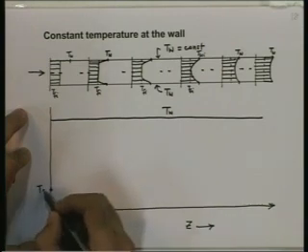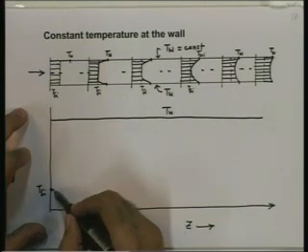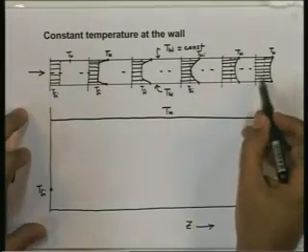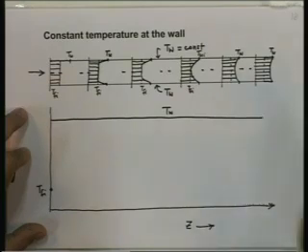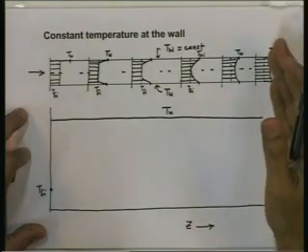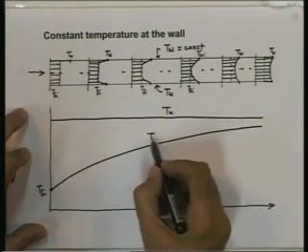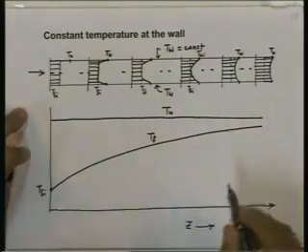So this is Tfi. And as fluid gets heated up, the mean temperature of the fluid would go on increasing. After a large length, it would come almost equal to Tw. But over a finite length, it would increase but never really reach Tw. So this is the mean temperature of the fluid as it gets heated up.